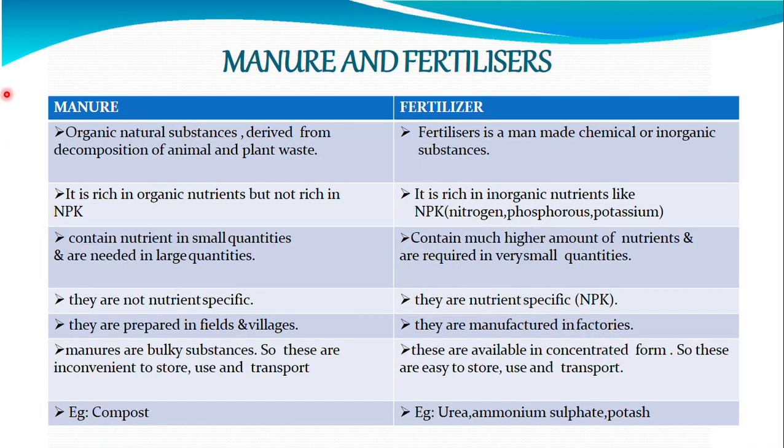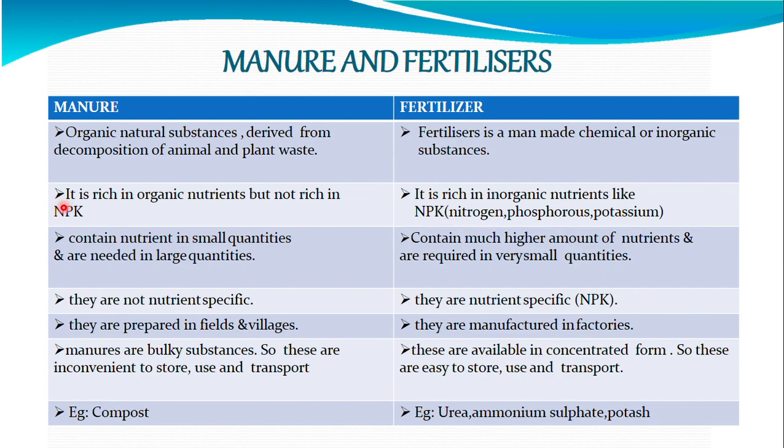Let us see the difference between manure and fertilizers. Manure is an organic natural substance which is derived from the decomposition of animal and plant waste. Fertilizer is a man-made chemical, sometimes an inorganic substance.